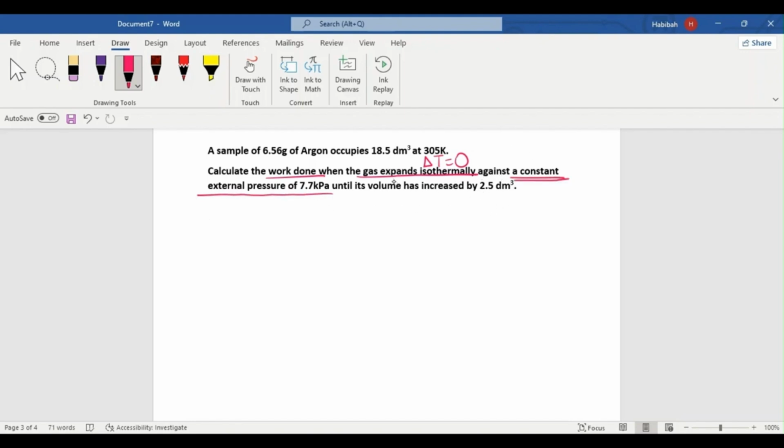One thing you have to note when you're dealing with questions in physical chemistry is that you're either given a constant external pressure or a reversible process. And this only occurs when you're asked to find work done. So you can be asked to find the work done for a reversible process in an isothermal expansion, or you're going to be asked to find the work done when there is an isothermal expansion against a constant external pressure.